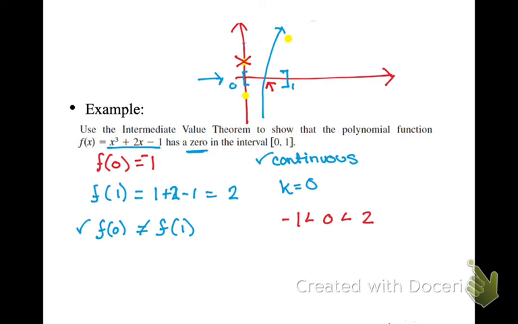Now, we know that this equation only crosses the x-axis one time, correct? Because it's a function. But what if we didn't know that? Could it have gone like this? Could it have had a bunch? It could have, right? It doesn't, but it could have. So is there a point?